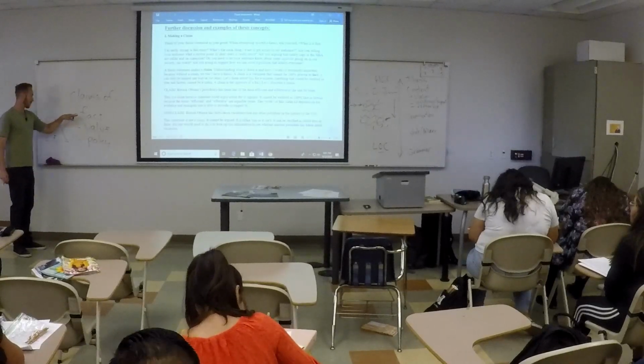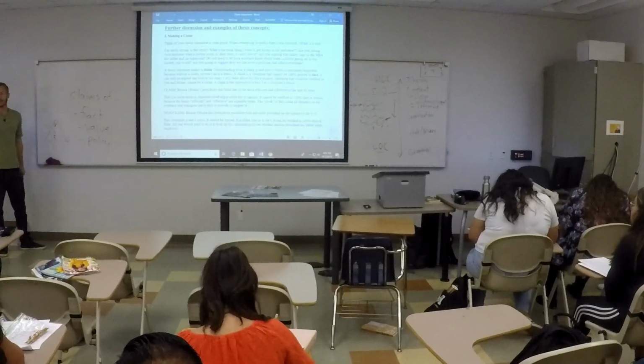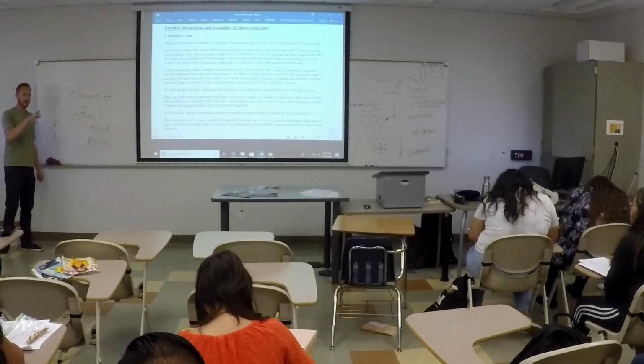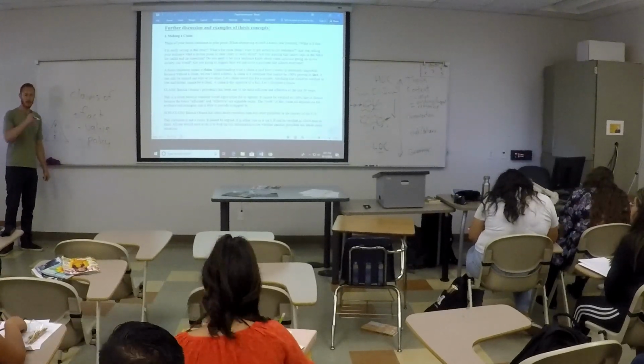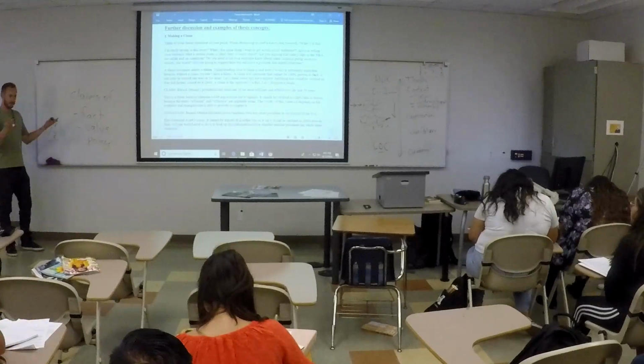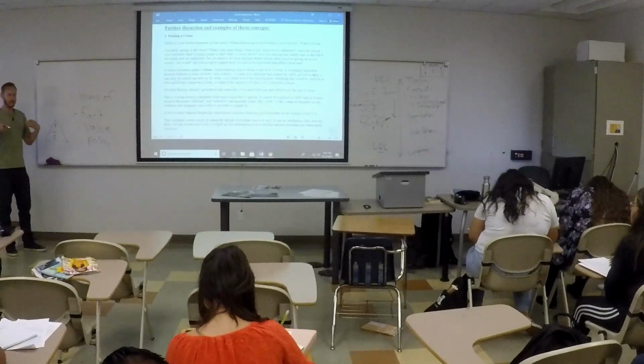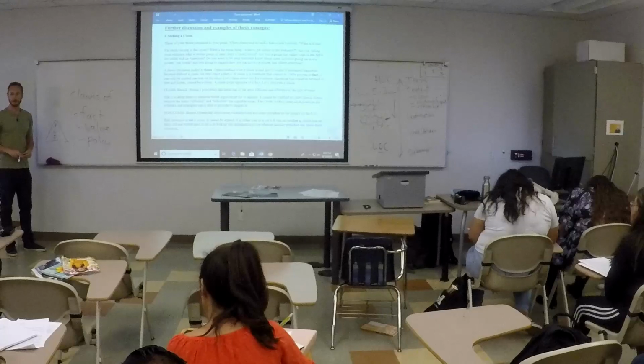See, the thing with fact is it's not really so much arguable. It's either true or not. You make a claim of fact, and all I have to do is look it up.